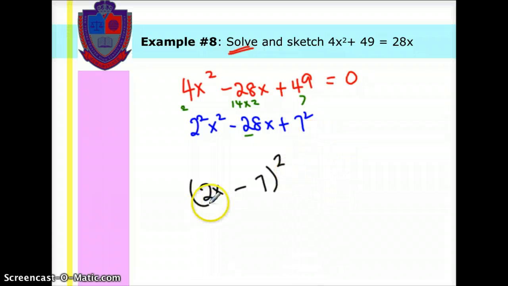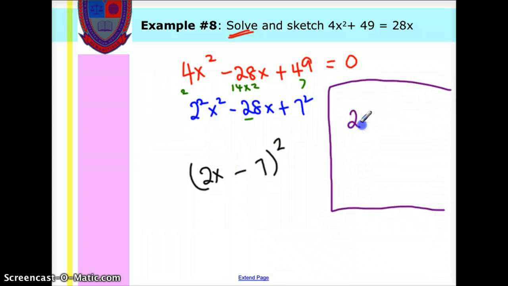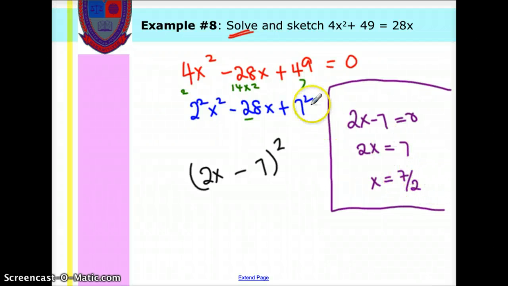Now they asked me to solve, so really important. When it says solve, it means that I'm going to set this equal to 0. So when I set this equal to 0, I'm going to come on this side here to solve this. It is going to be 2x minus 7 equals 0. 2x is equal to 7. X is equal to 7 over 2, which is 3.5.